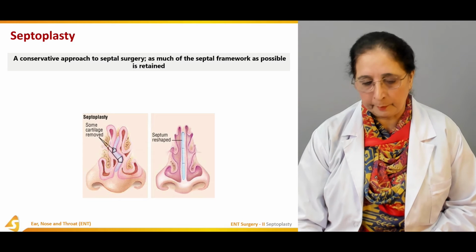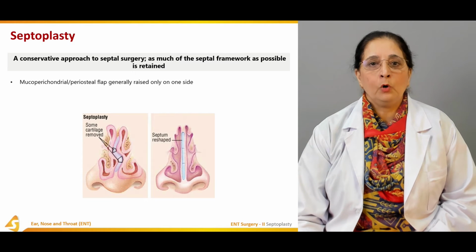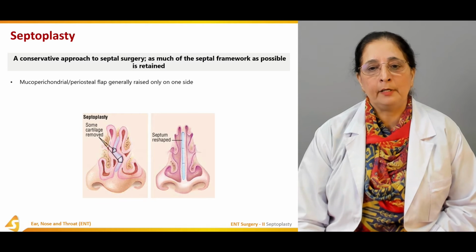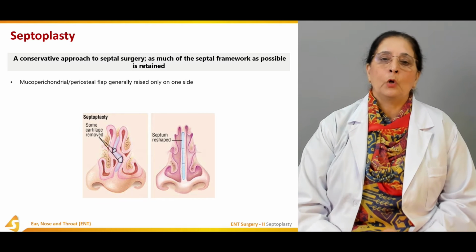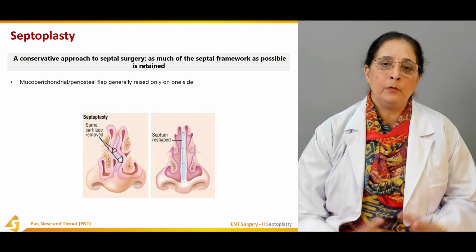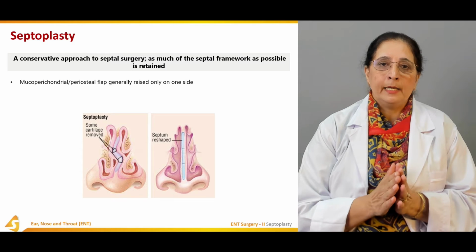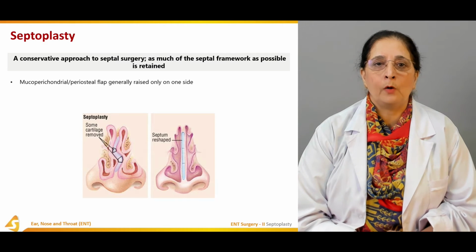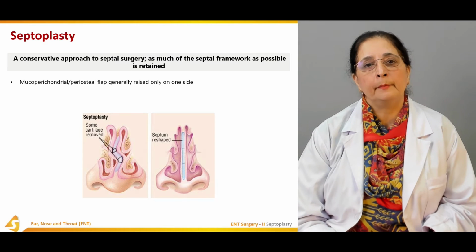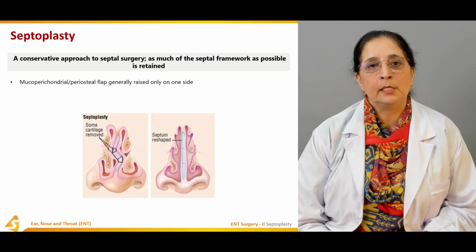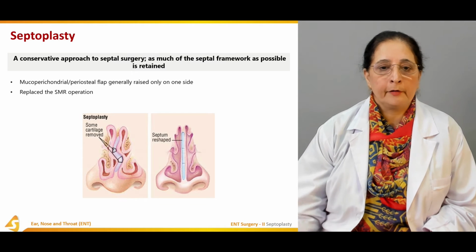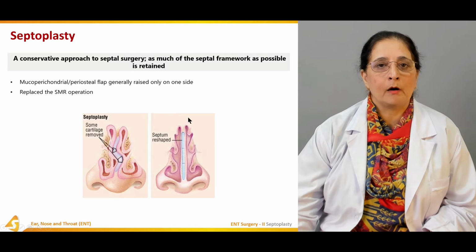A mucoperichondrial and mucoperiosteal flap is generally raised only on one side of the septum. It replaces the SMR operation.